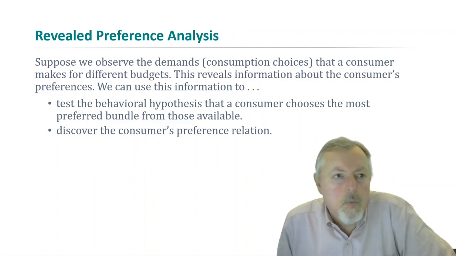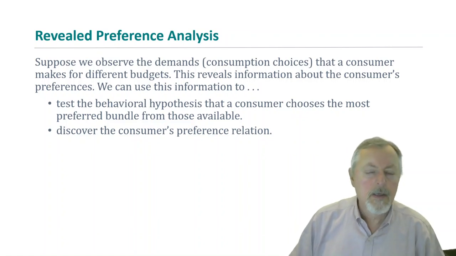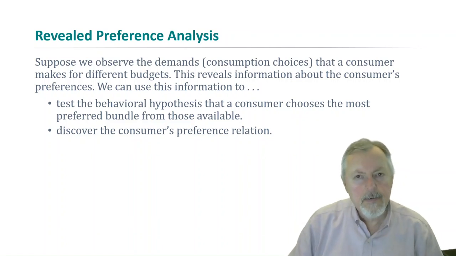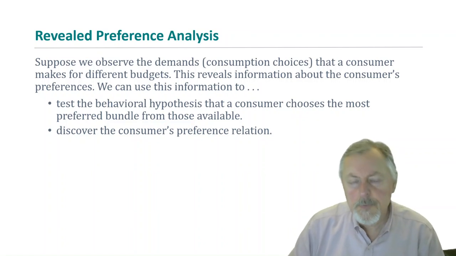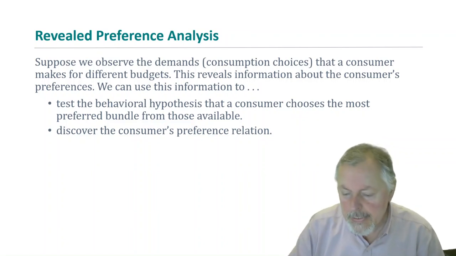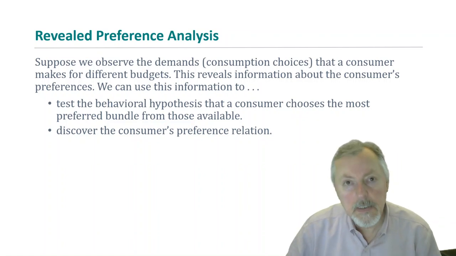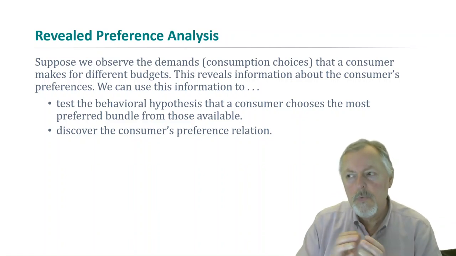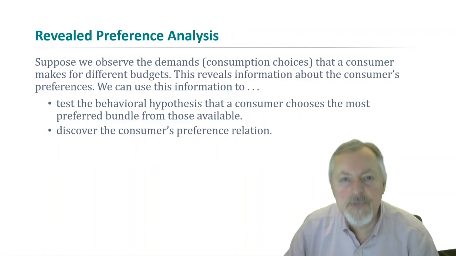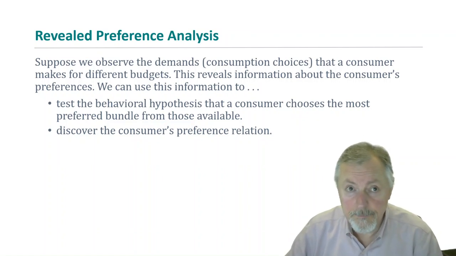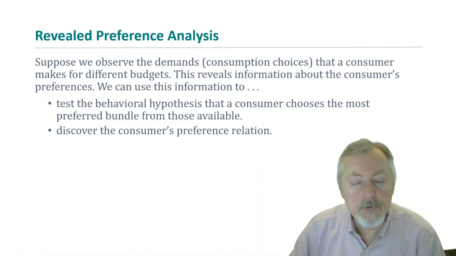Up until now, we've started with preferences just as a given, and then looked at how those can describe behavior. Revealed preference is working the other direction. We call it revealed because we observe. You can't observe preferences directly, but you can observe what people do.